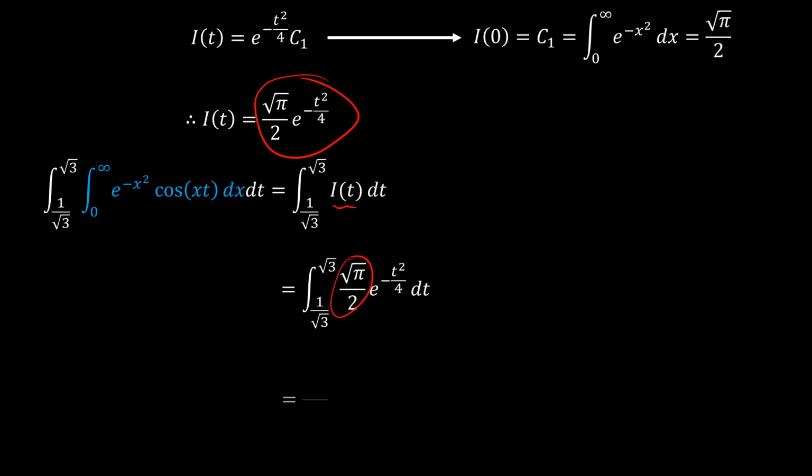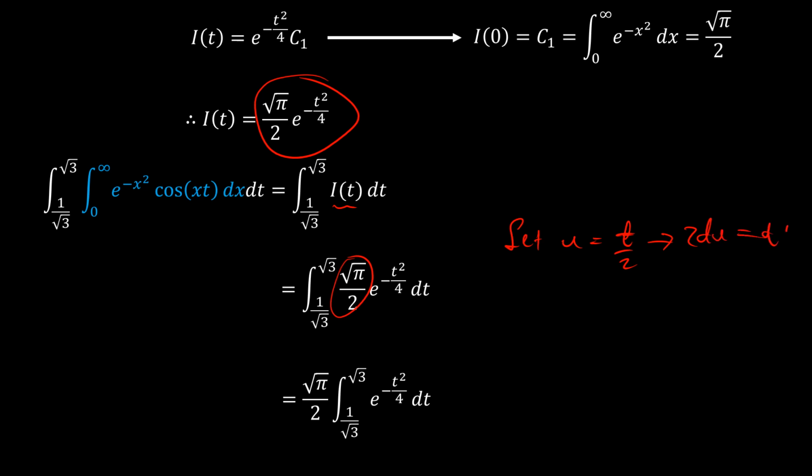We can take this out since it's a constant, and now we are left with the integral from t equals 1 over root 3 to t equals root 3 of e to the power negative t squared over 4. If we say let u be equal to t over 2, that means that 2 du is equal to dt, right?